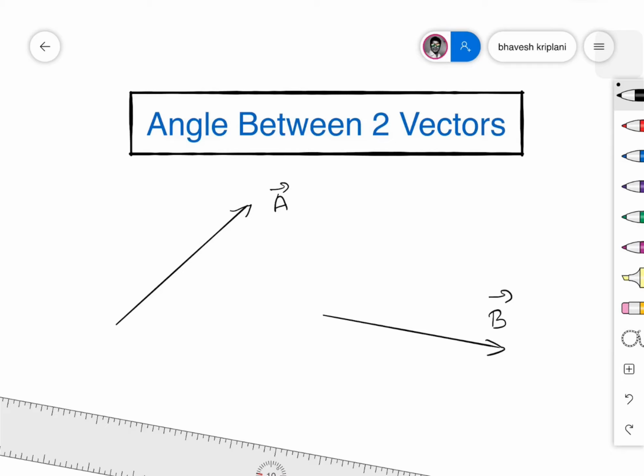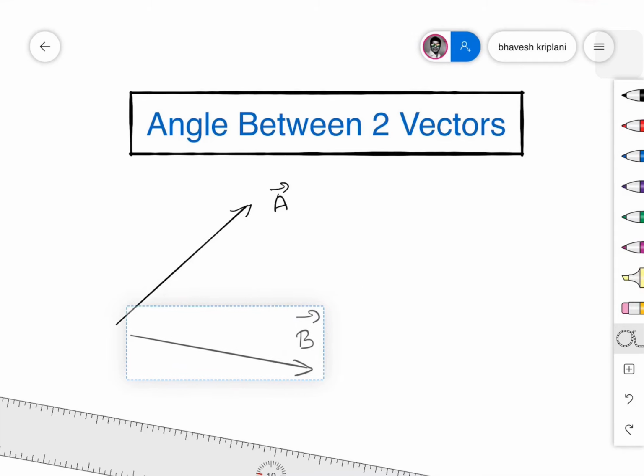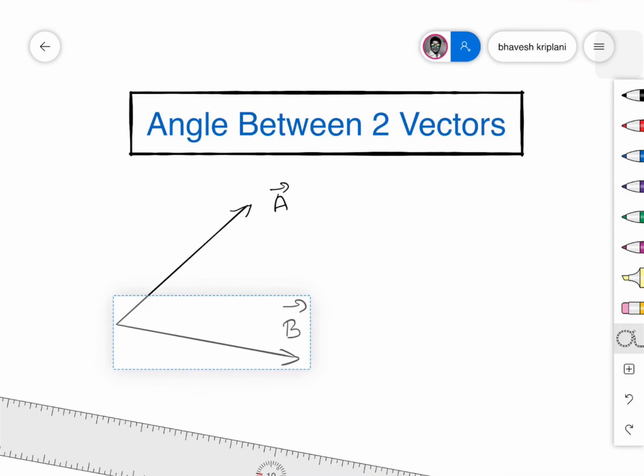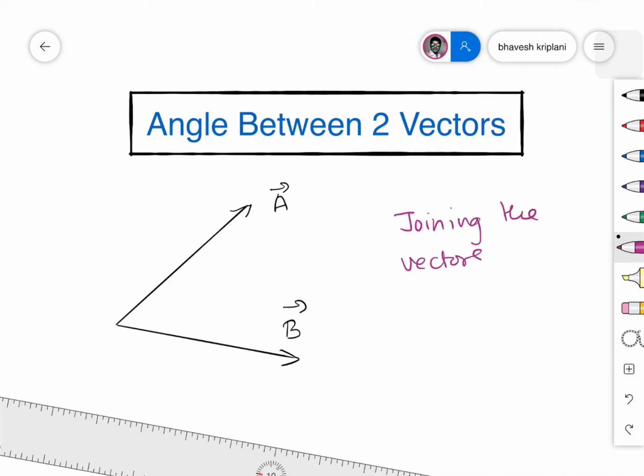Now to find the angle between the vectors, we need to join them tail to tail. So I take the vector B and move it such that the tails of both the vectors are connected now. So what we have done, we are joining the vectors tail to tail.